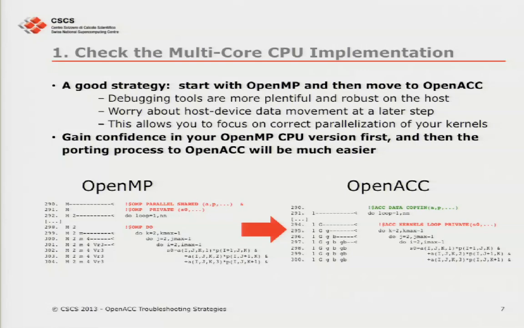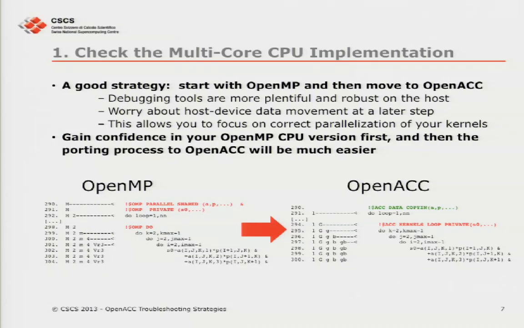So a very good strategy is actually to start with an OpenMP code and use that to port to OpenACC. And there are a number of reasons why this might be interesting, because obviously the debugging tools are much more rich and plentiful on the host. So you can tell if you're having parallelization issues with the various kernels much easier if you're running on the host.